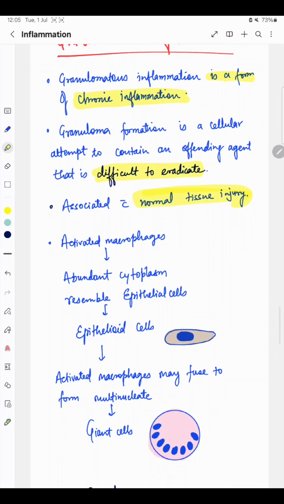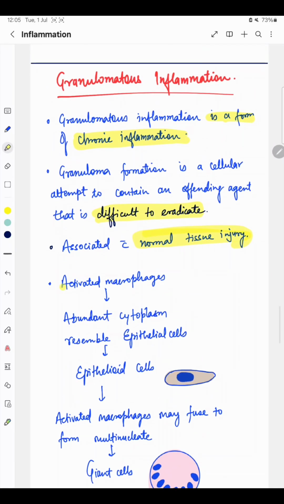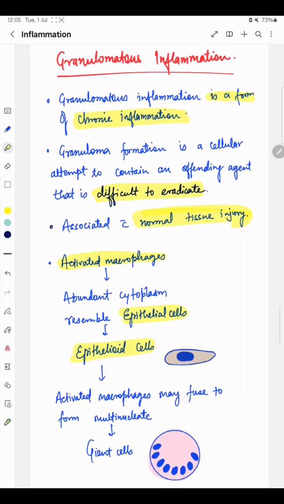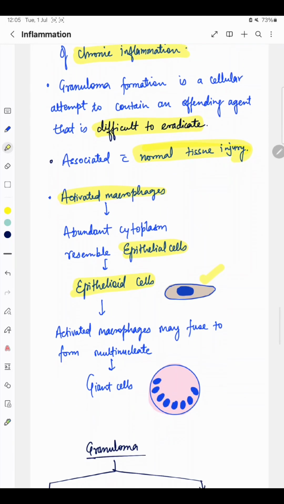How does a granuloma develop? Activated macrophages have abundant cytoplasm and resemble epithelial cells. That's why they are known as epithelioid cells. Activated macrophages may fuse to form a multinucleate cell, which is known as a giant cell.